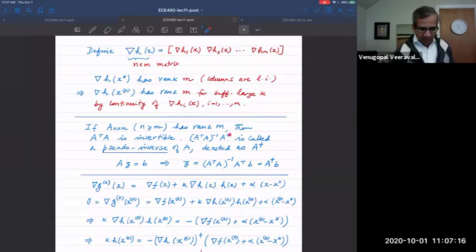If you multiply the matrix A on the left by this matrix, you get the identity matrix. So for non-square matrices that are full rank, you can define inverses for multiplying from the left and inverses for multiplying from the right.